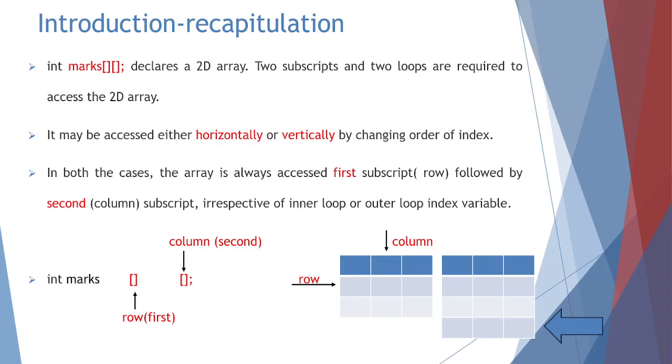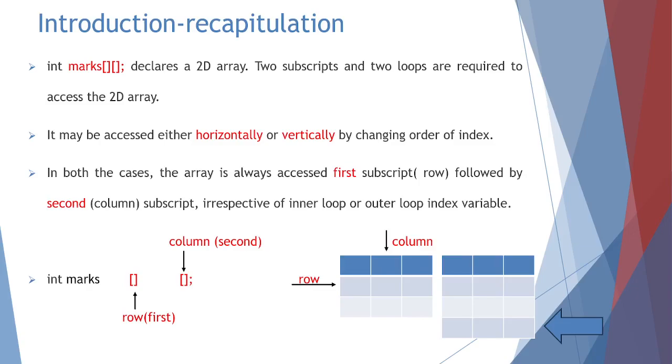For the 3 by 3 array, we use the outer loop and the inner loop 3 times only. But for the 4 by 3 array, if we want to access horizontally, the outer loop works 4 times and the inner loop works 3 times.